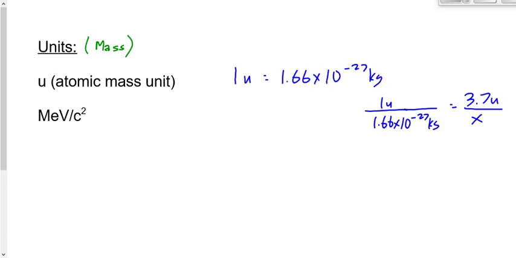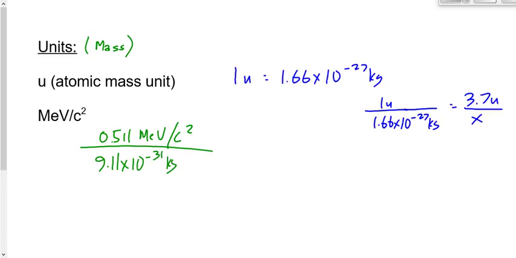So let's come up with our own conversion. We would say that an electron has a mass of 0.511 MeV per c squared, and it also has a mass of 9.11 times 10 to the minus 31 kilograms. So that means that 0.511 is the same thing as 9.11 times 10 to the minus 31 kilograms. If you had a MeV per c squared given to you maybe as a value of 1.714 or whatever, made that number up, you wanted to convert that to kilograms, then you just set up the ratio as you see it there.